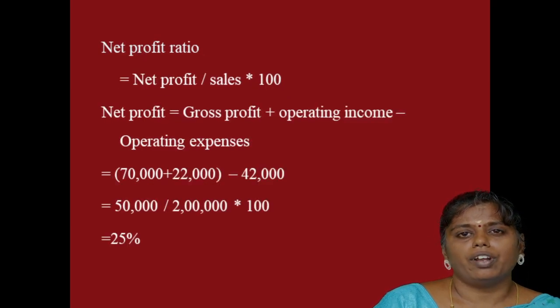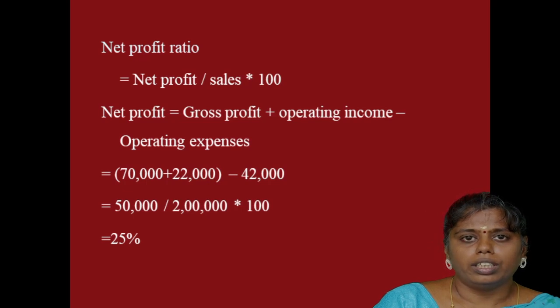Next, net profit ratio. Net profit ratio includes non-manufacturing items and non-operating incomes. So the net profit formula is gross profit plus operating income minus operating expenses.